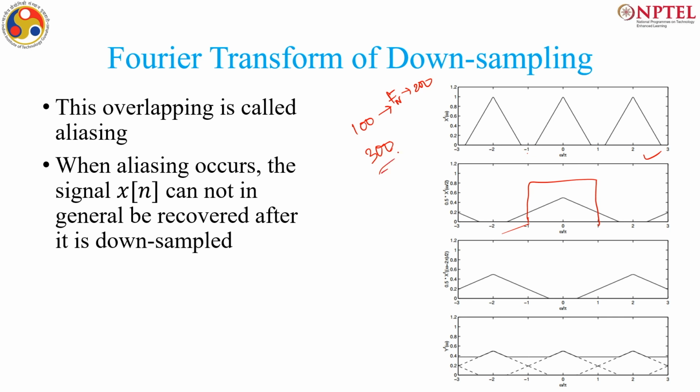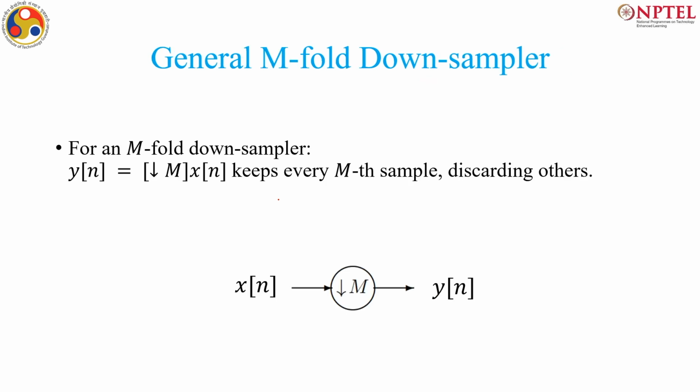But when I do a downsampling by 2, I am getting 150, which is sub Nyquist. So, there will be aliasing, and this is a problem because you cannot recover the structure. So, this is a problem with downsampling.